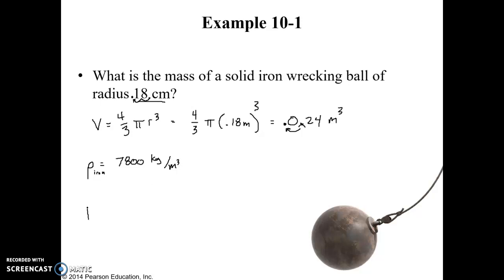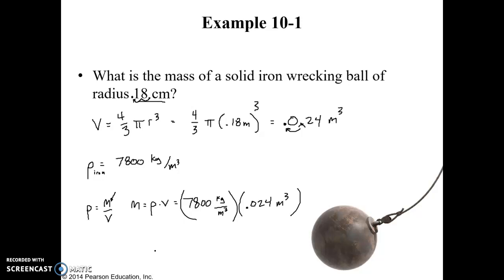And if density is equal to mass divided by volume, and we want to know the mass, then mass is equal to density times volume. So we take our density, 7,800 kilograms per cubic meter, and multiply that by the volume we calculated in the first step, 0.024 cubic meters.